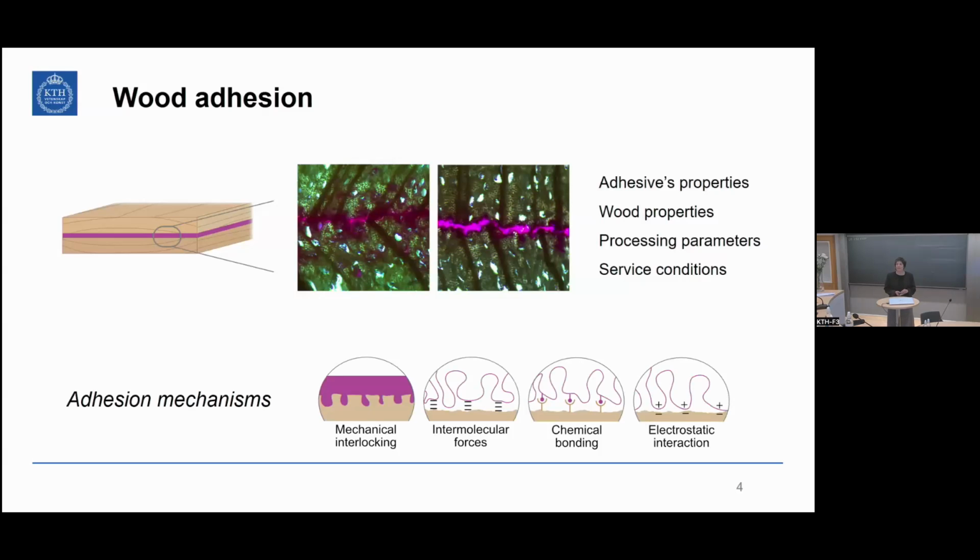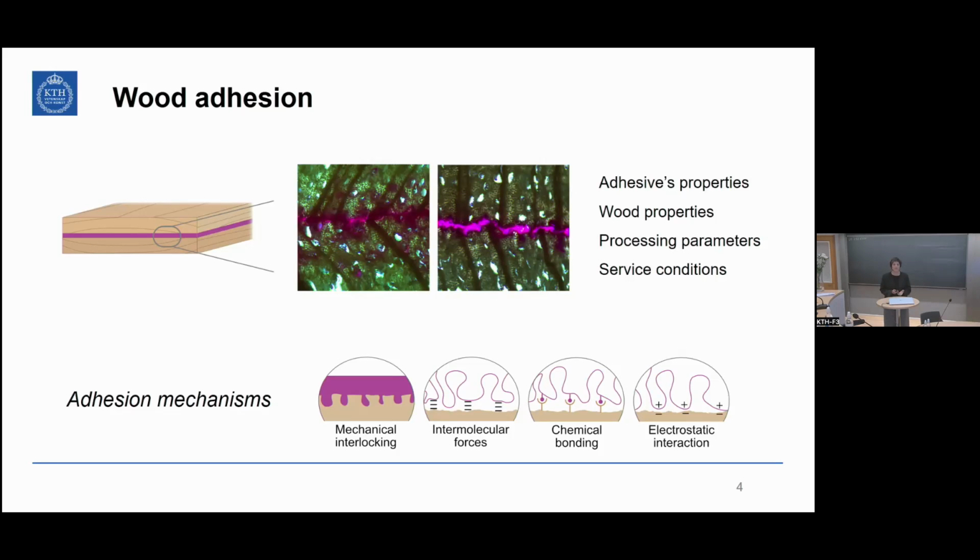Several mechanisms have been proposed to explain wood adhesion and how these adhesives hold wood substrates together. Some of them are represented on the image. We have mechanical interlocking: because wood is a porous substrate, as I mentioned, adhesive can penetrate into the pores and improve the strength. It can also increase the surface area where adhesive and wood come into contact.